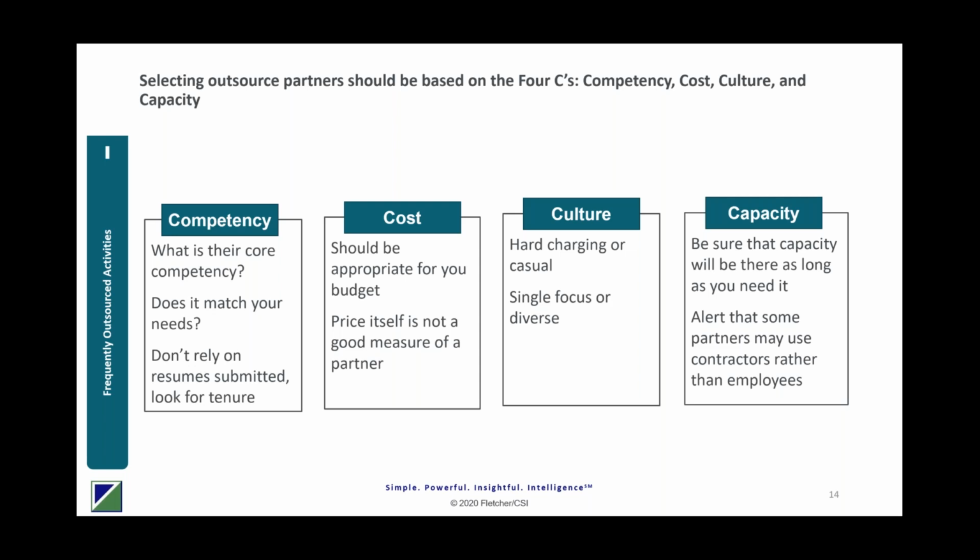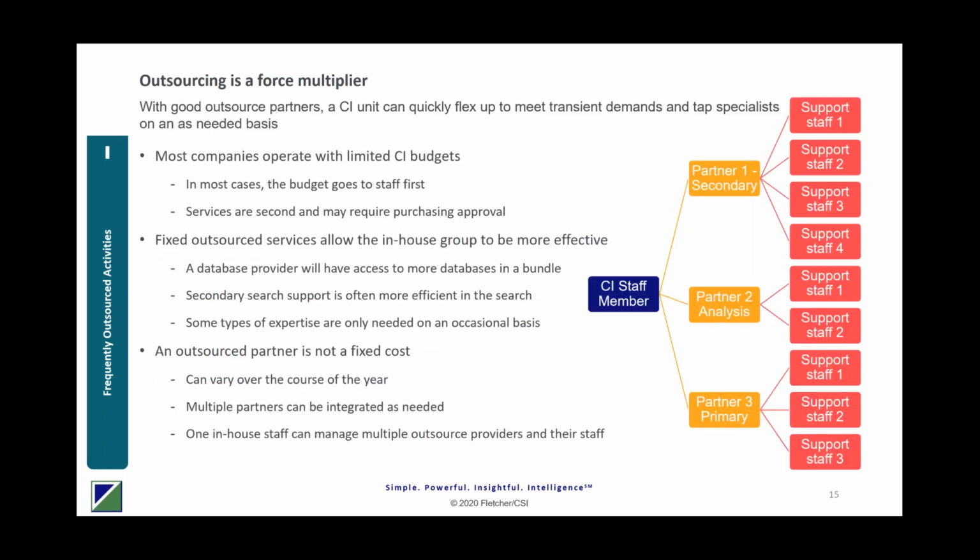That has a difference in how their capacity can go. It can go very rapidly up or down when you use contractors versus employees, but be aware of what that means for other aspects of how longevity affects institutional knowledge and continuity of service for you. So these are parts of really the 4 C's. And if your partner matches you on these, you have a good partner and you can move forward.